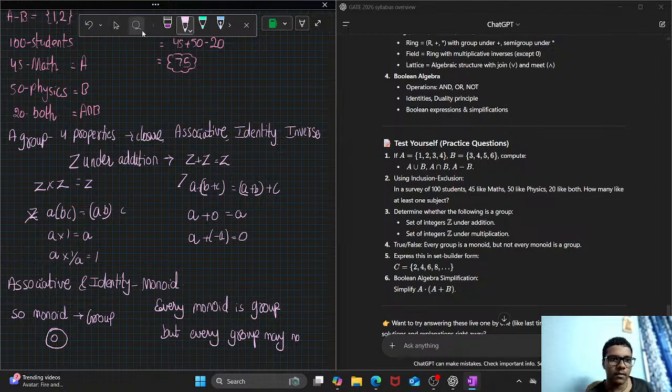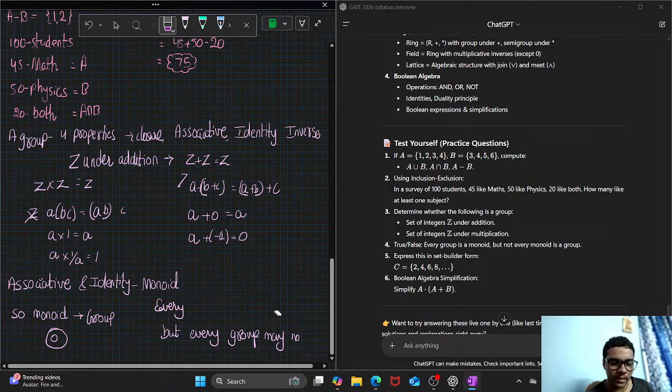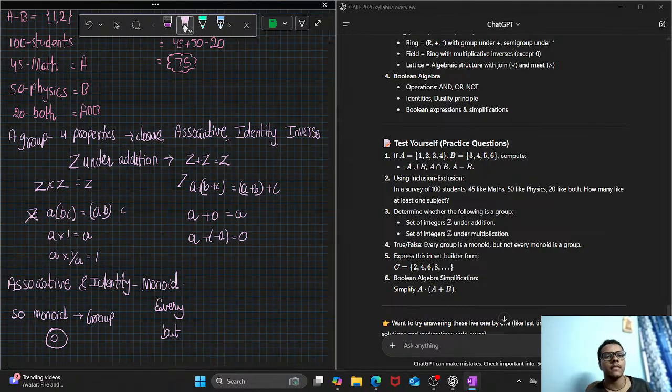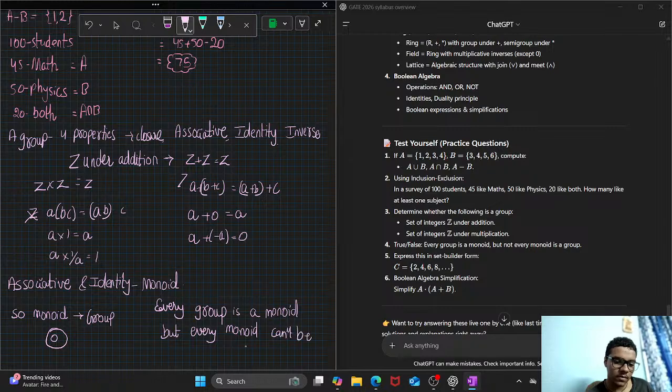Okay, group is like the bigger thing, right? Every group is a monoid, yeah, because group has more criteria. True, but not every monoid is a group, because if it is associative and not closed, it can be a monoid, but it cannot be a group. Okay.